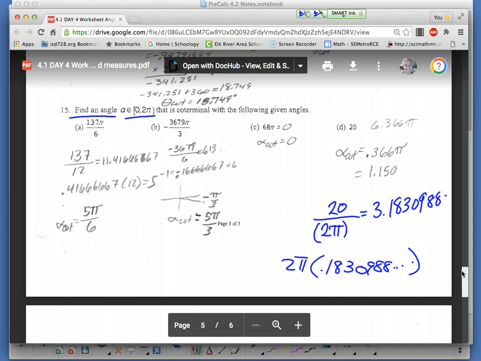Okay, times 2 pi. So I get 1.15. That's where I'm going, my 1.150. And that's my coterminal. Does that make sense? What I'm doing with it?